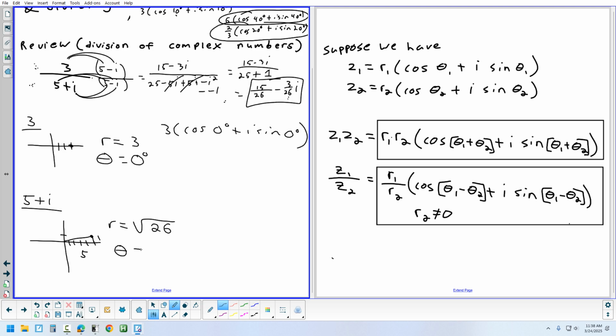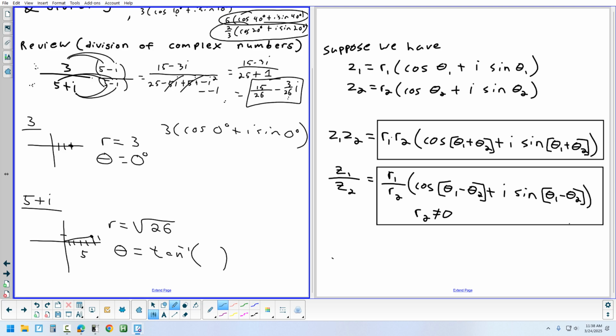And my angle, what's the formula for the angle in quadrant 1? Theta equals inverse tangent y over x.